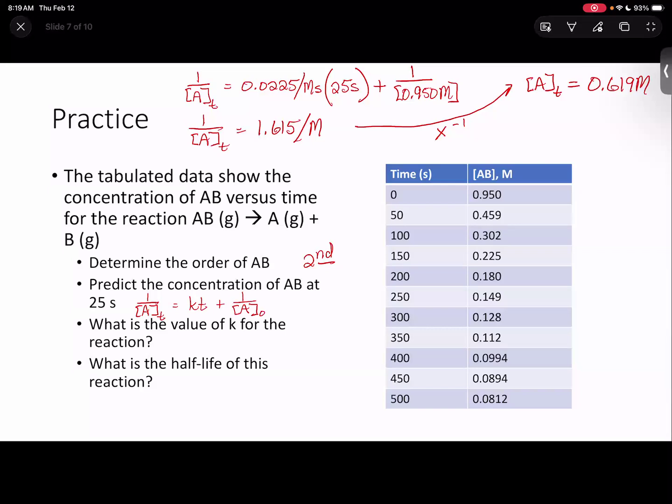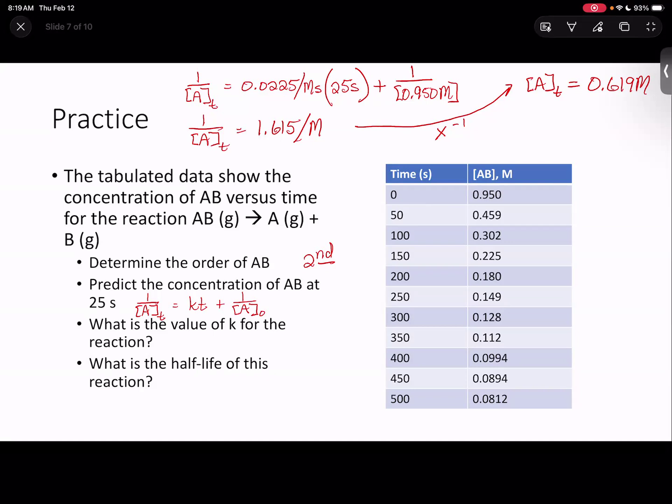The time point was in seconds because that was what our time was given to us in. So when I used this number 25, I did so because I definitely needed it to be in seconds in order to match what I originally graphed.